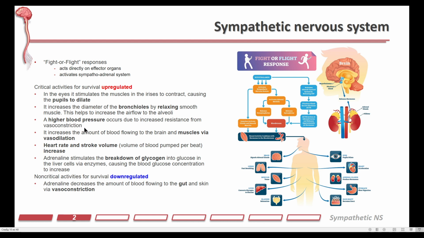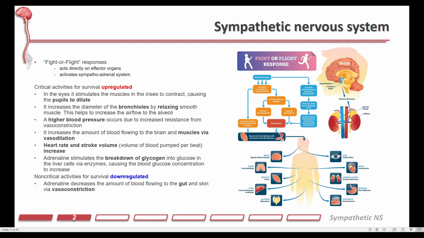For the same reason, to provide better oxygenation and more nutritive substances to all organs all over the body, so that you can fight with the stress. And epinephrine also causes breakdown of glycogen, which will raise the glucose level in blood, because you need energy during a stressful situation.